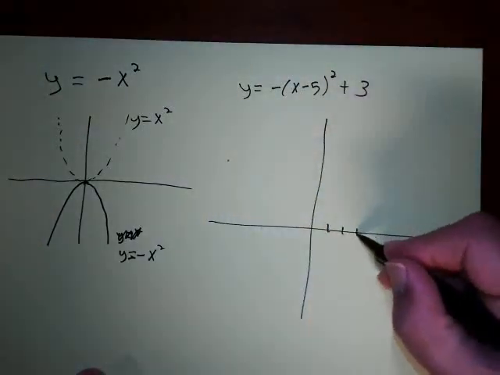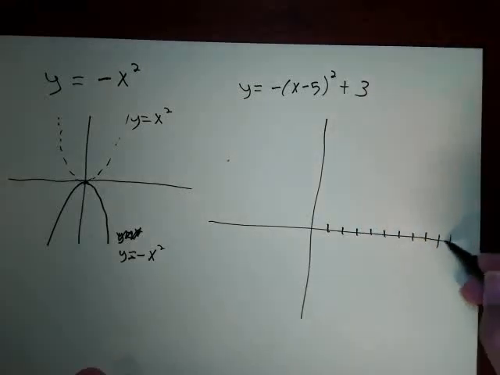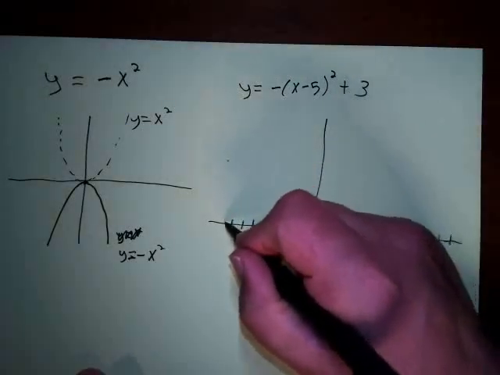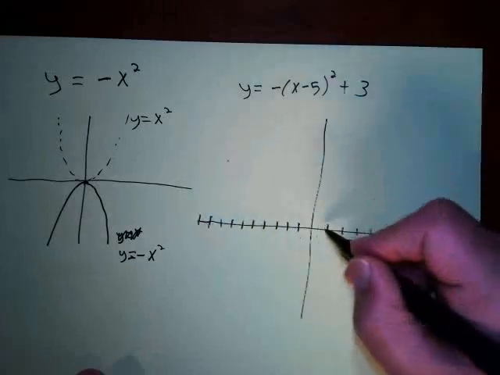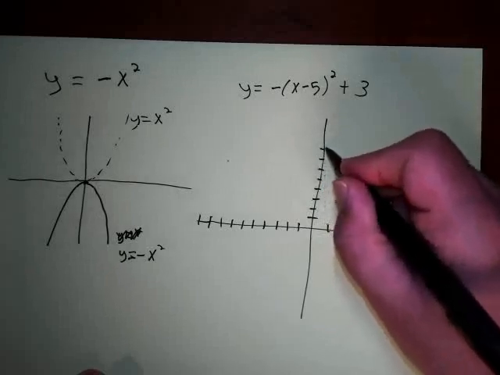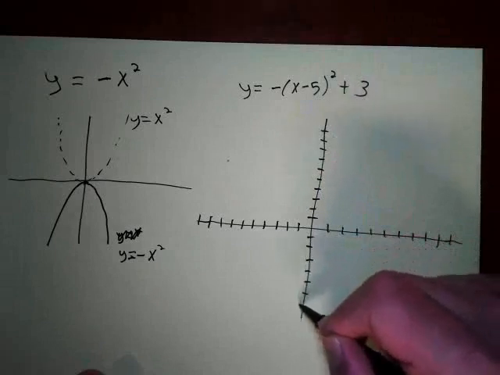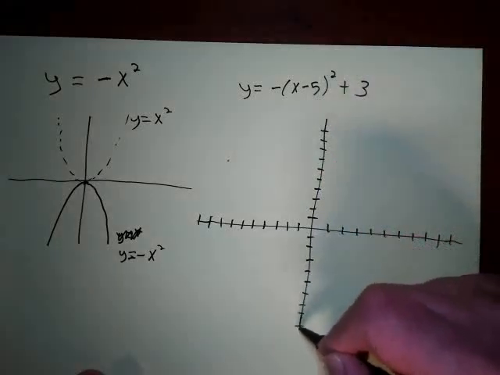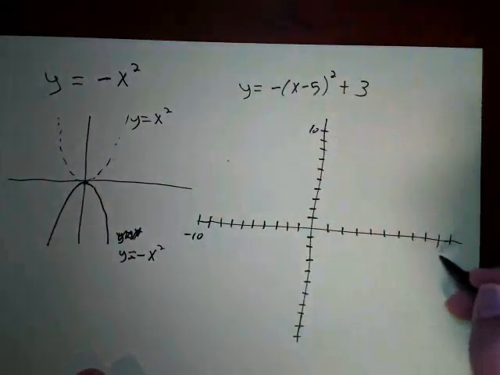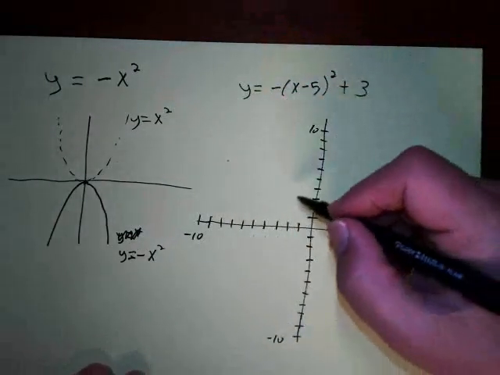So 1, 2, 3, 4, 5, 6, 7, 8, 9, 10. 1, 2, 3, 4, 5, 6, 8, 9, 10. Nice big graph. So this is a whole bunch of transformations.